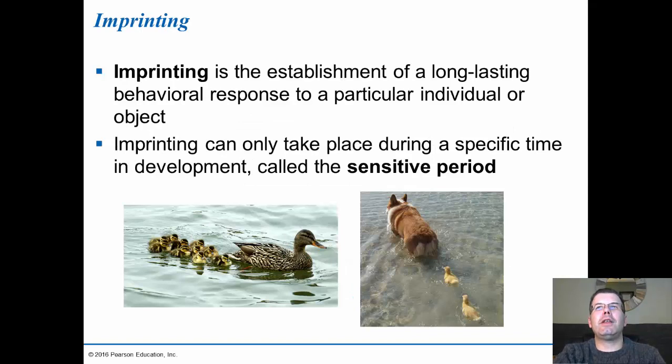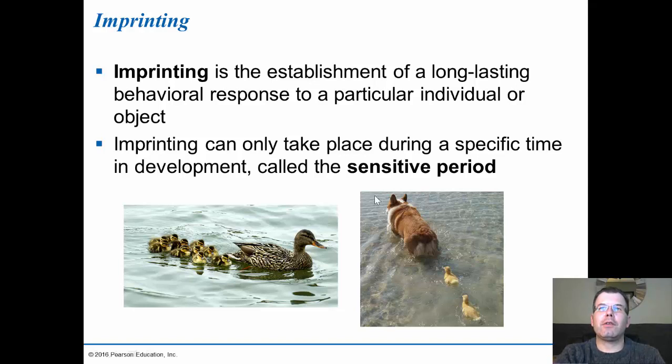Now, imprinting is the establishment of a long-lasting behavioral response to a particular individual or object, and this can only take place during a specific time in development, typically right after they're born. And so ducklings follow the mother duck around, and again, this is due to imprinting, because as soon as they hatch out of the egg, they imprint on the animal that's close.